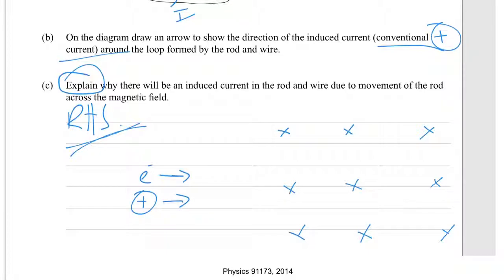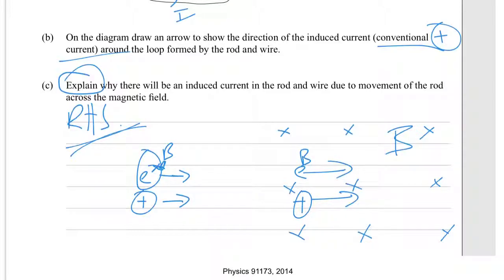So electrons have a magnetic field around them as they move, and that magnetic field, and I've seen some cool diagrams that go into that, but that magnetic field, did I do that the right way? I think it might be the other way. Yeah, the electron will be that way. The magnetic field around the positive charge will be the other way. But in any case, as that electron or that positive charge moves through the field, its magnetic field interacts with the bigger magnetic field of the permanent field, and that causes a force one way or the other.